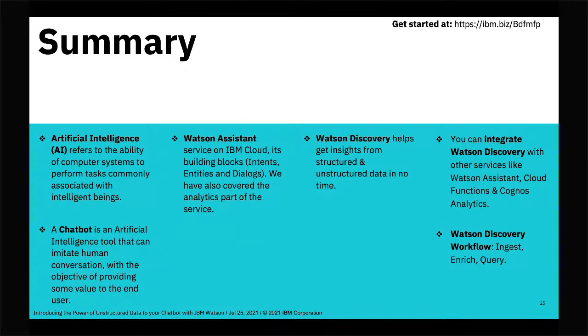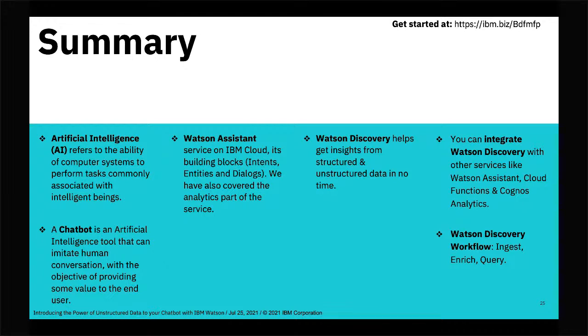Then we talked about Siri and Bixby and Alexa, after which we moved on to Watson Assistant. Watson Assistant is used to build your own chatbot that can be integrated with any device or application and even social media or messaging channels such as Facebook Messenger, Slack, or Voice Agent.